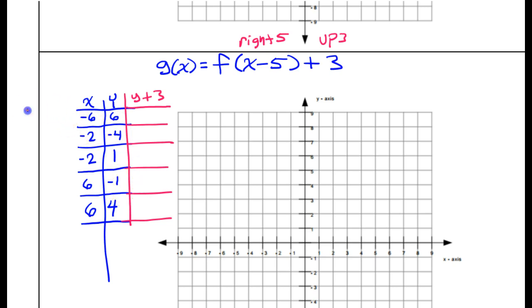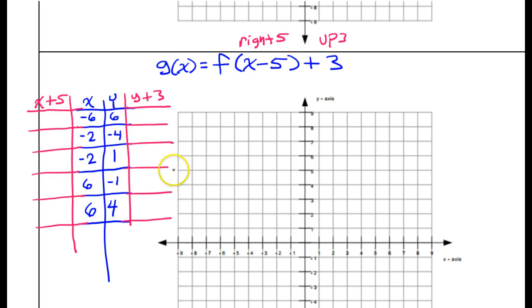But we will also need a new x column as well. Okay, now because we are shifting to the right 5, our new x column will be the old x values plus 5. So even though there's a minus 5 sitting here in the formula, to move right 5, we have to add 5 to all of these.